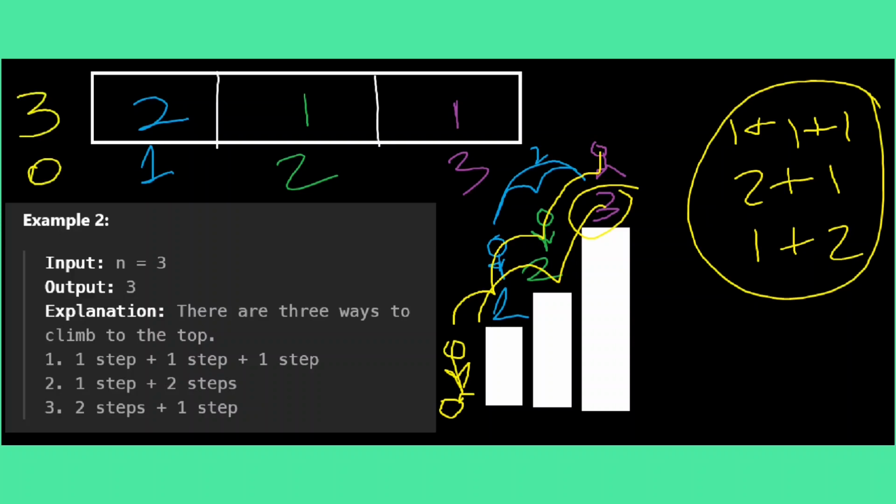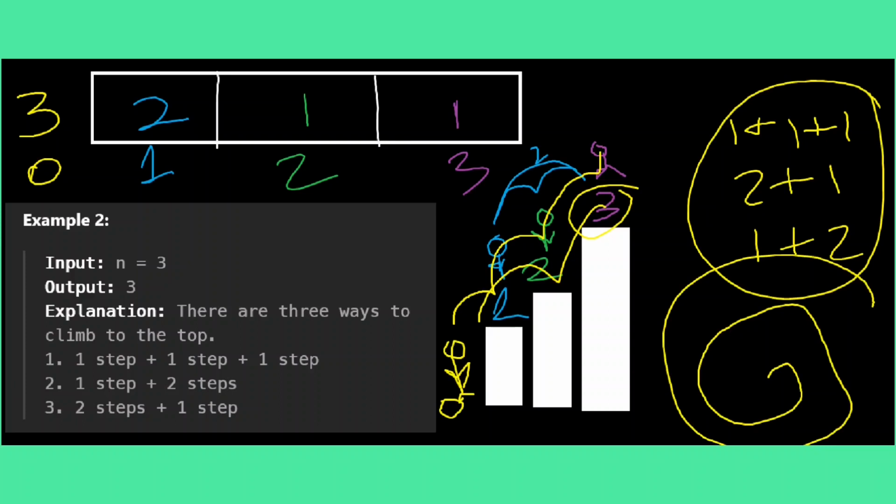So do you see a pattern here? If you guessed Fibonacci series, then yes, you're correct. It basically is following the Fibonacci series. I'm trying to make that Fibonacci spiral here, but this whole solution will follow the Fibonacci series, and the solution is just to get the last or the next element in the Fibonacci series, and that would be the result.